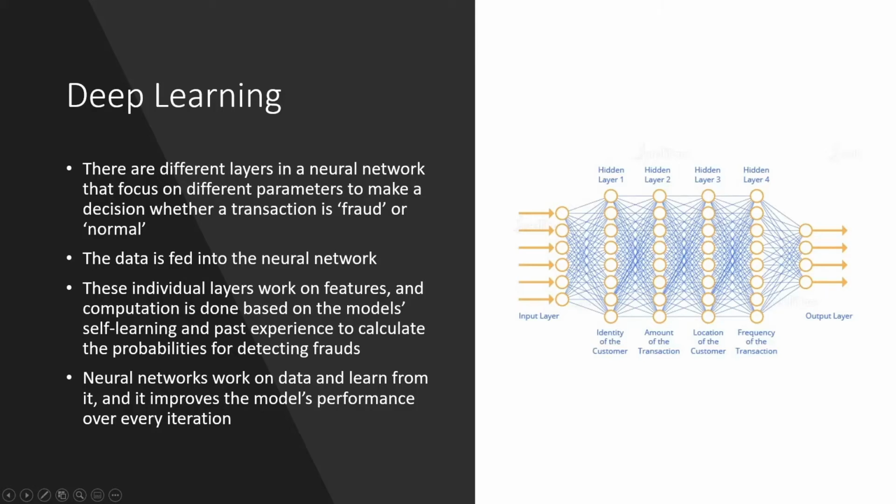So deep learning, as I previously mentioned, is just neural networks with more hidden layers. And what we want is for the different layers, hidden layer 1, 2, 3, 4, to learn about the data. We want them to see what makes a fraud or not. And this is what neural networks are useful for. They do the learning by themselves, and they learn by being given a lot of data.